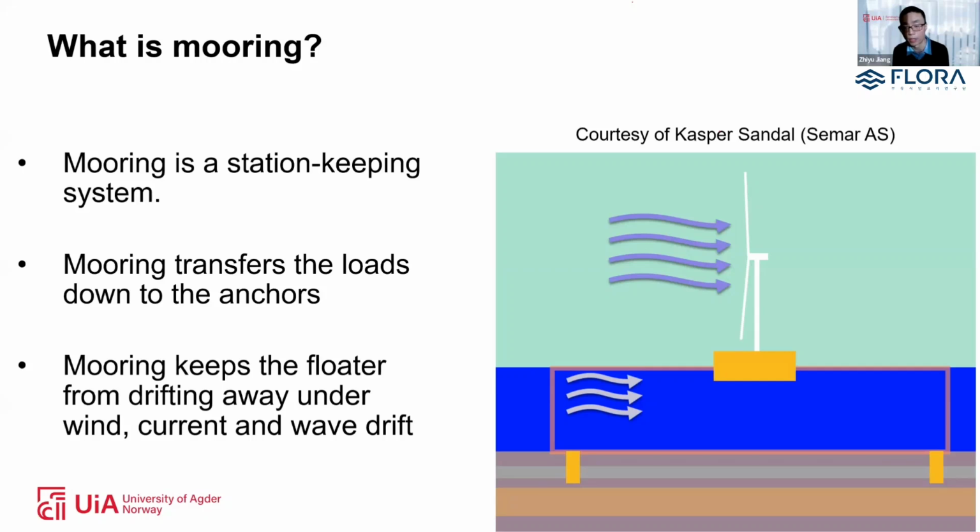The blades have lift and drag forces, while the tower also has drag forces. So these loads are put onto the wind turbine and the platform, but it is the mooring system that eventually will transfer the loads onto the anchors. And the mooring systems keep the floater from drifting away under various types of environmental loads. So this is quite apparent to many of us here.